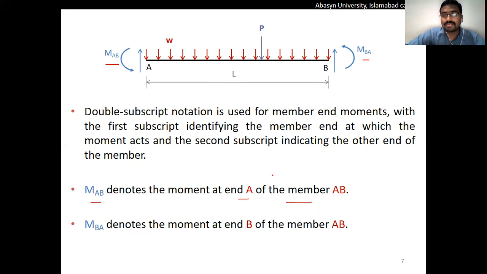Similarly, MBA denotes the moment at end B of the member AB, the moment at point B generated due to loading.